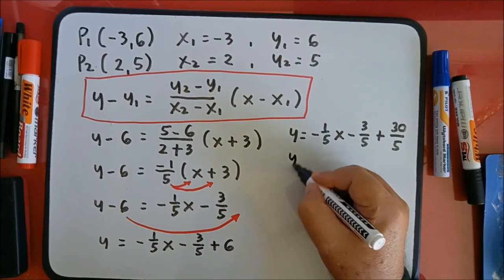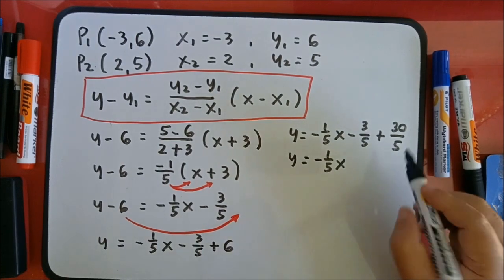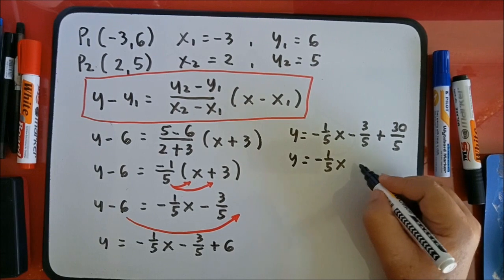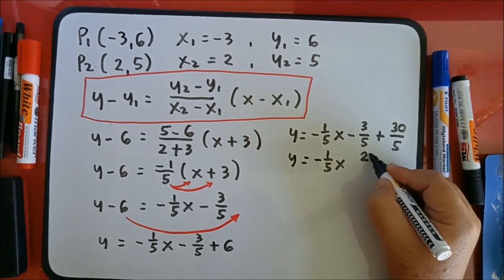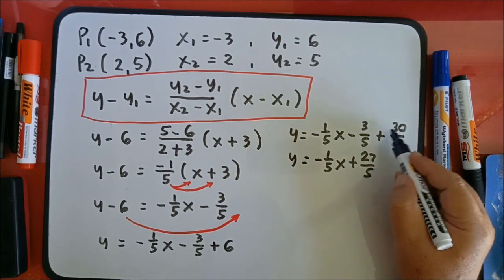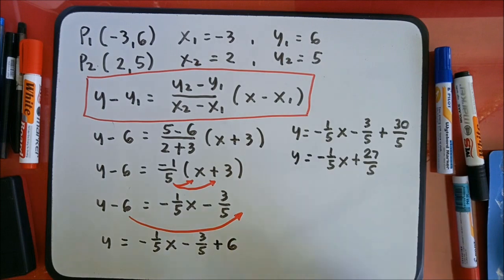So, simplify again. Negative 1/5 x, negative, positive, bawas. 30 minus 3 is 27 over 5. Positive ang sagot. Bakit positive? Kasi mas malaki ang 30 sa 3. Okay. Simplify pala po natin.